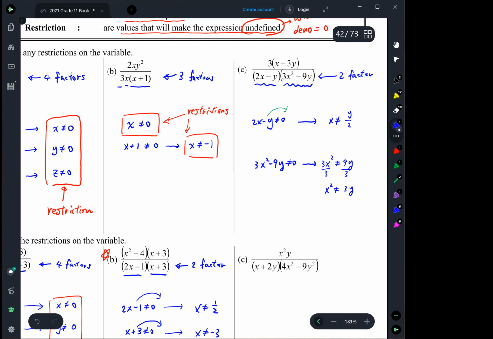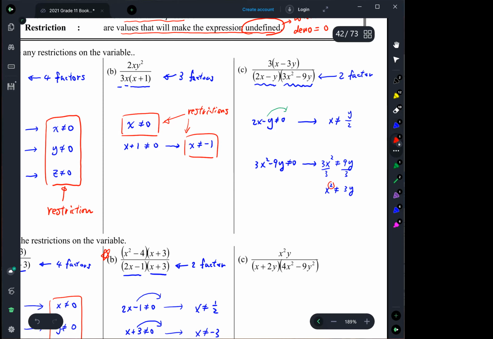And what's the next thing we need to get rid of? Our goal is to just have x, right? So then get rid of the square.